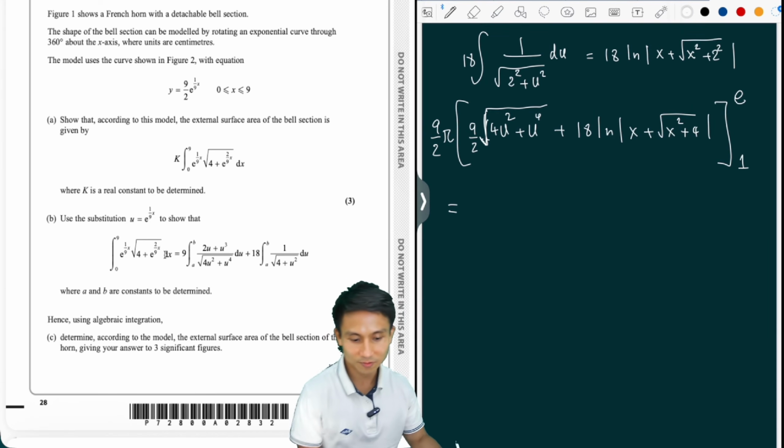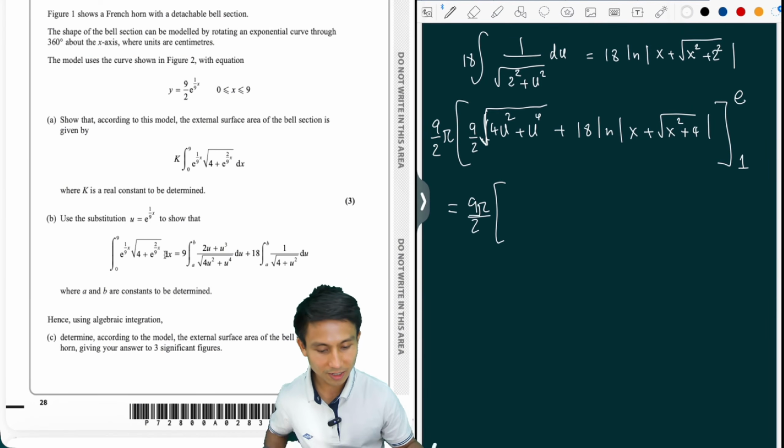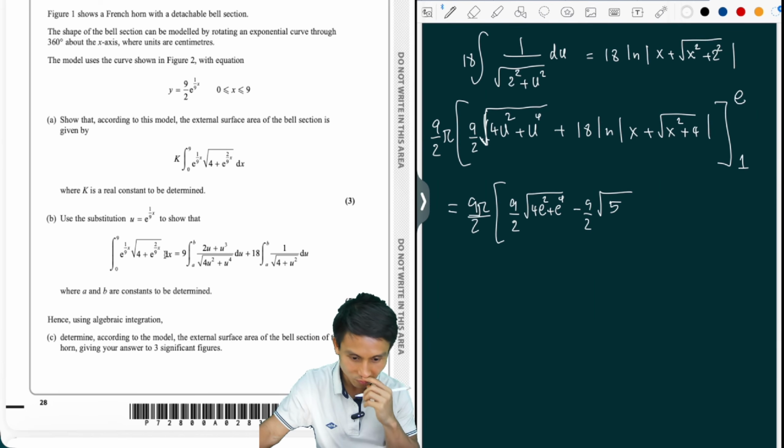Just the final part now. 9 pi over 2 times the whole lot there. So we're just going to substitute e in. So we get 9 over 2, and then in the square root, it's just 4e to the 2 plus e to the 4. I'm just going to do 1 substituted in as well. So minus 9 over 2 times square root 5, right? 4 plus 1 is 5.